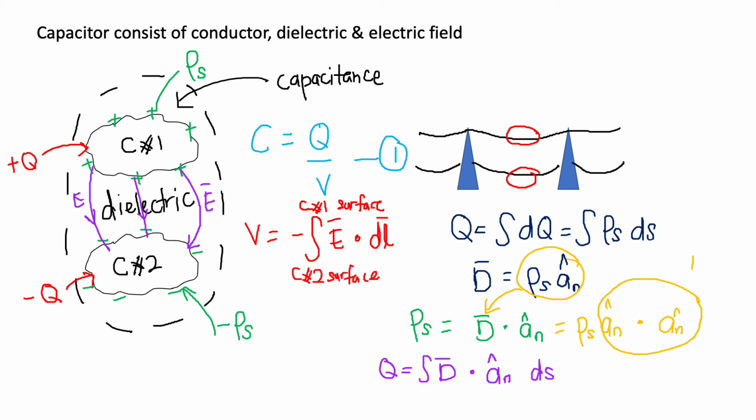And here I can substitute with the dS vector. Then I can write the final equation Q equal to the integration of D dot dS. So this is our final equation of Q.